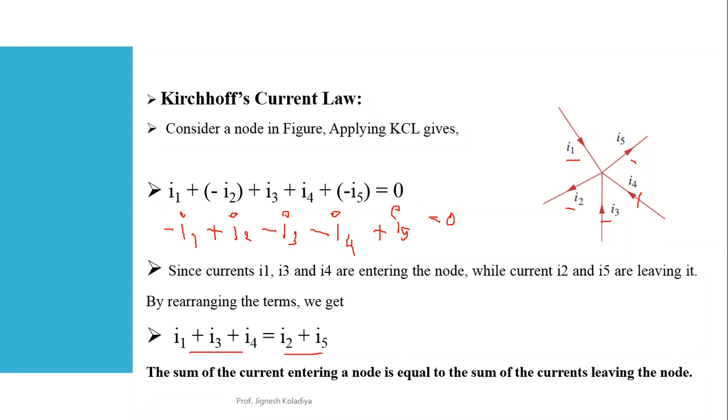If your habit is to take incoming as positive and outgoing as negative, then just do it using that way only, so that you will not be confused in future. So in this way, the sum of currents entering a node is equal to the sum of currents leaving the node, and this is nothing but Kirchhoff's current law.